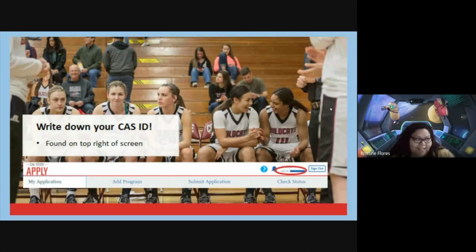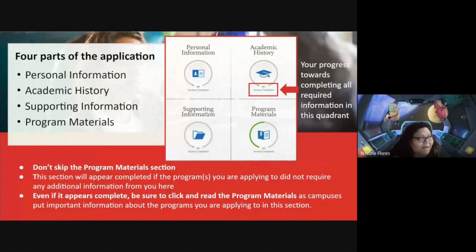Whenever you call with questions about your fee waivers or your CSU application, they're going to ask you for your CASID number. I don't know if you can memorize it, but you'll just have to have it. So that's that for starting.